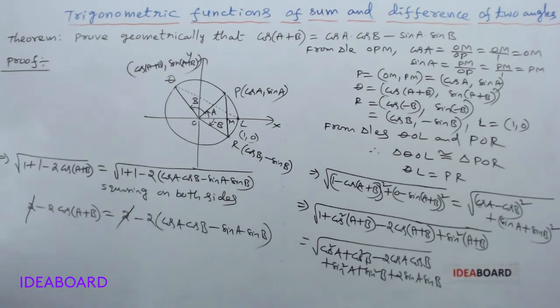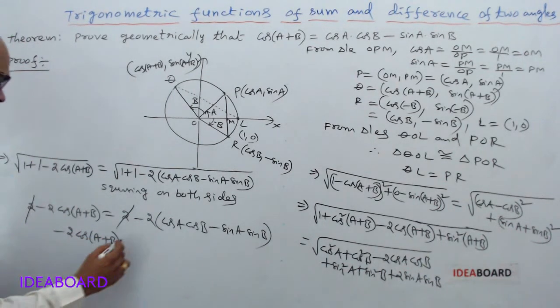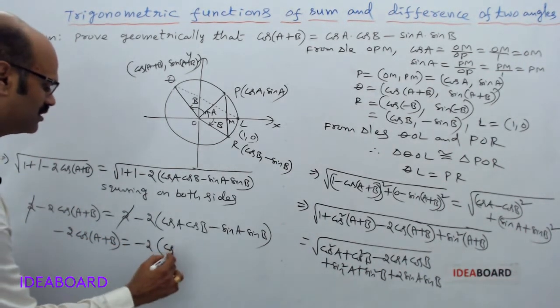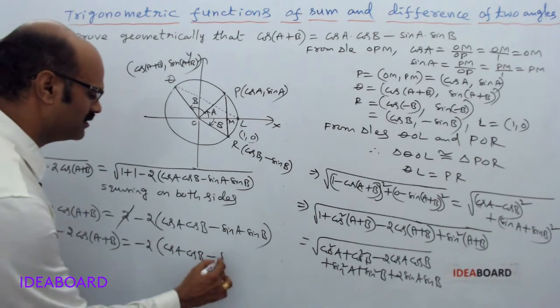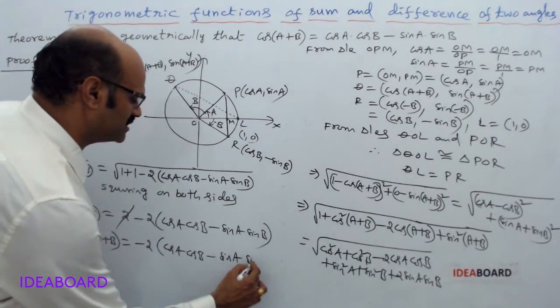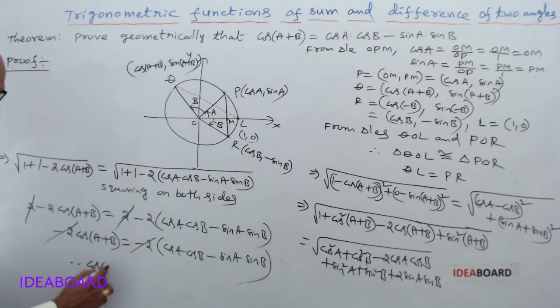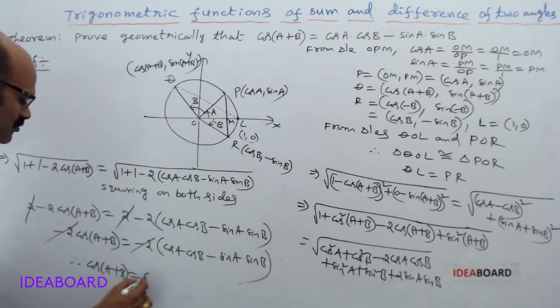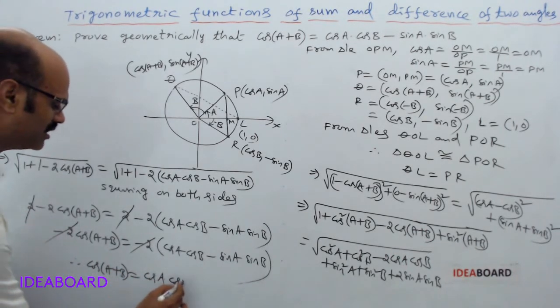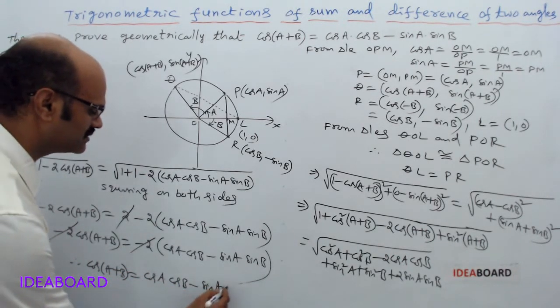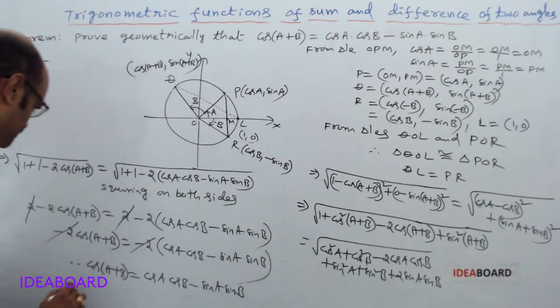The 2 cancels. Then we have minus 2 cos of (A plus B) equals minus 2 times (cos A cos B minus sin A sin B). So minus 2 cancels. Therefore, finally we get cos of (A plus B) equals cos A cos B minus sin A sin B.